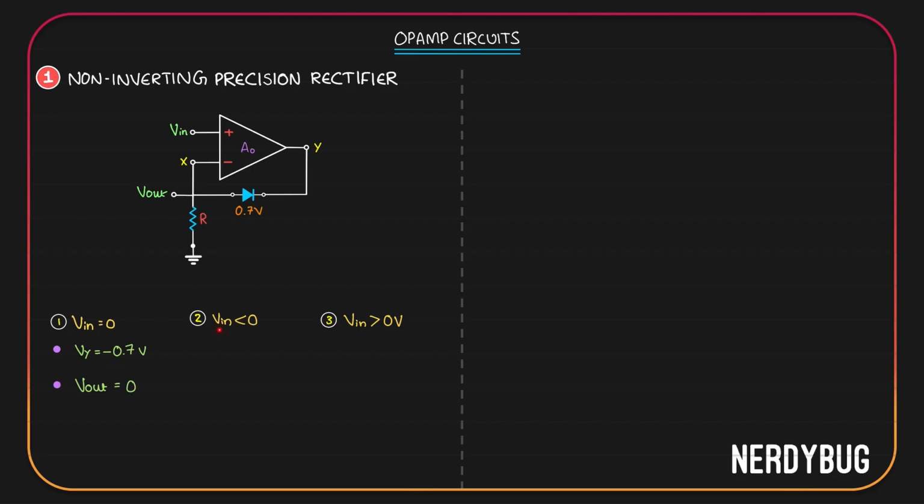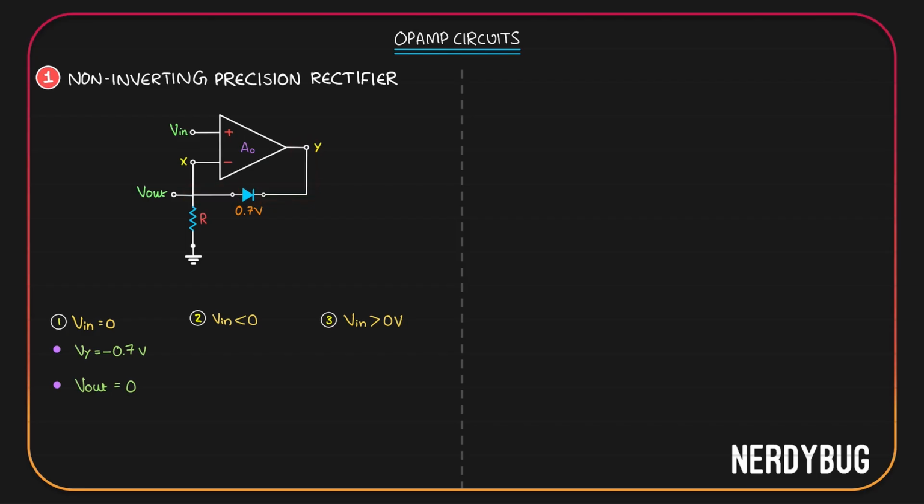Now, what happens when input is negative? We are giving a negative input to the positive terminal. So output will be negative, which means the diode will be switched on. Whatever is the potential drop we have at Y, out of that negative 0.7 will be dropped across the diode and the rest will come out over here.